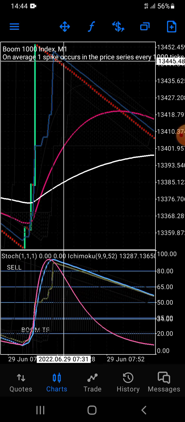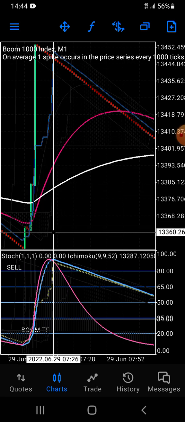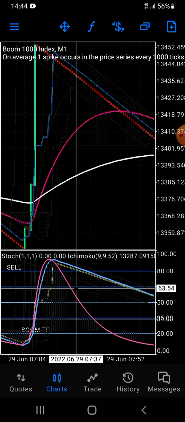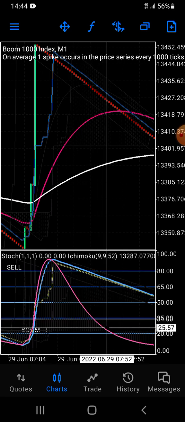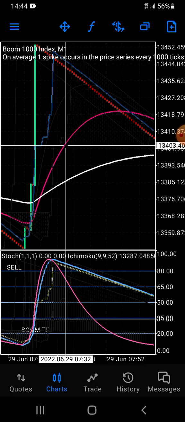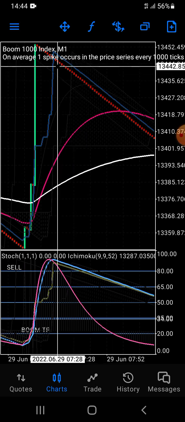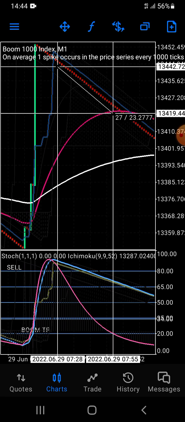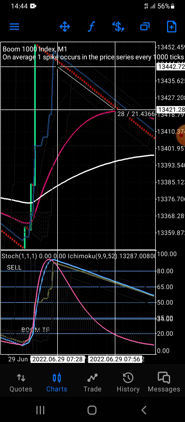Once I enter somewhere here, then I'll come back to the indicator window one and watch when this pink MACD comes and touches level 20. This is where I exit. So for instance, if you enter the sell here and you exit when that MACD touches level 20, that will be about 28 candles. That's 28 candles. I mean, with good lot size, that's massive.